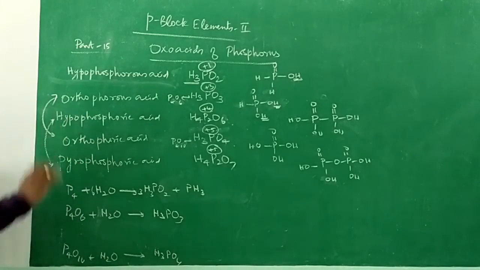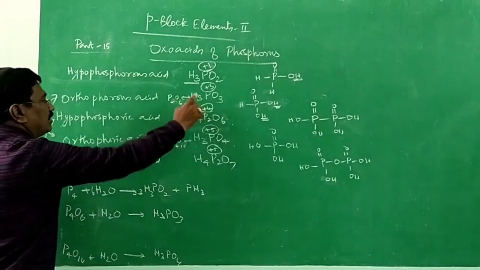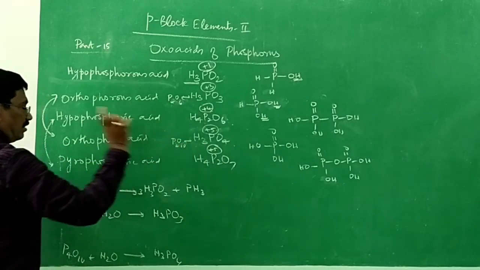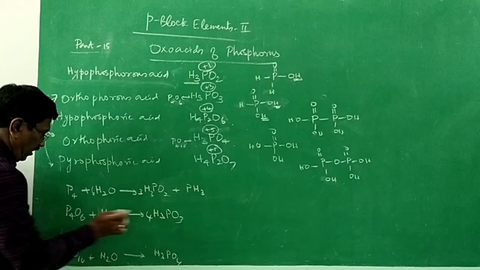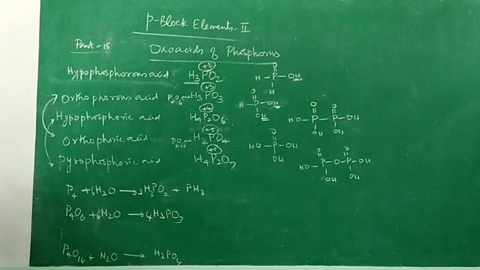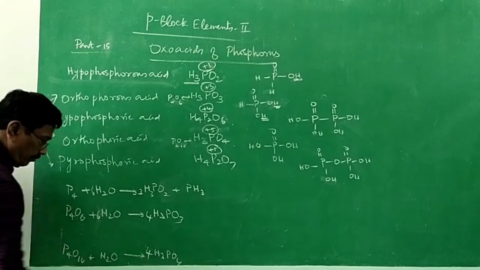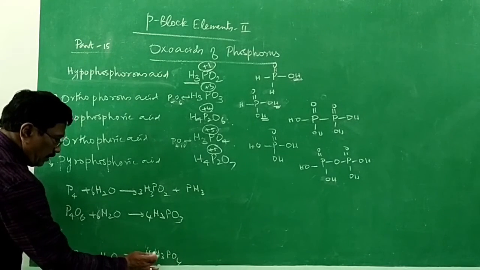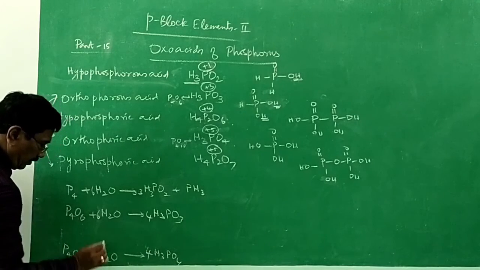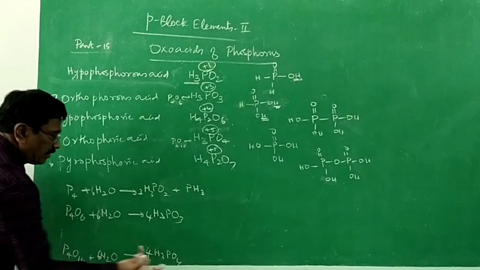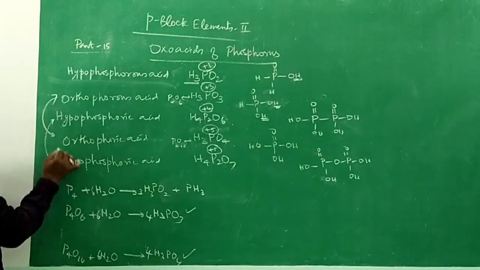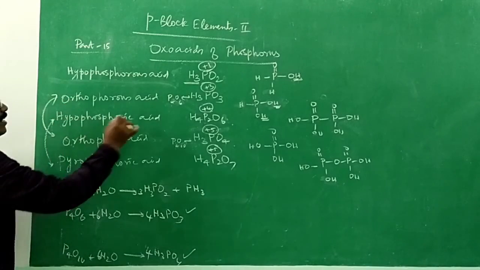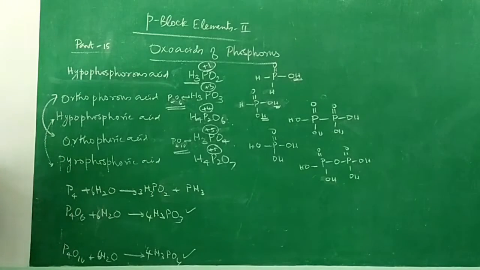You can balance the equation. 4 phosphorus, therefore put 4. 12 oxygen, out of 12, 6 is here. 12 hydrogen, therefore 6 water. 10 plus 6, 16. Balance the equation. So orthophosphorus acid and orthophosphoric acid may be prepared from P4O6 and P4O10 just by hydrolysis.